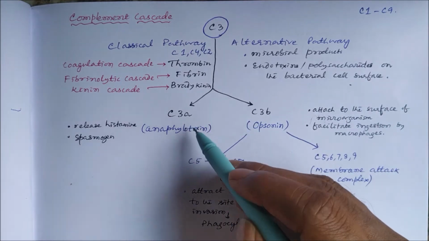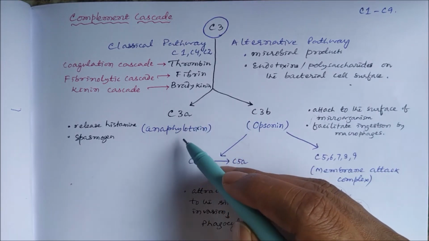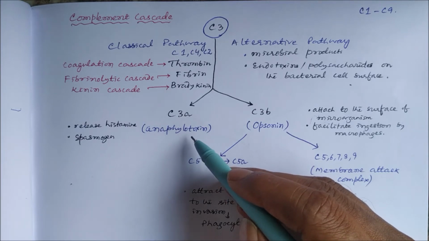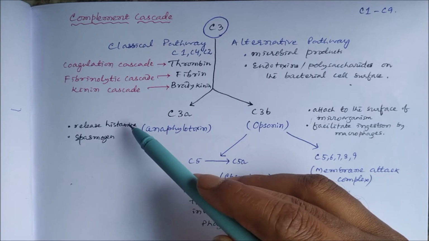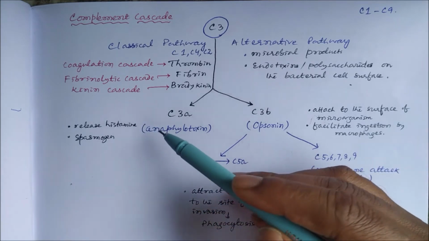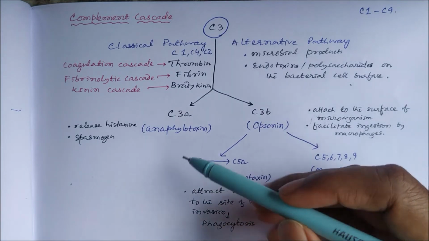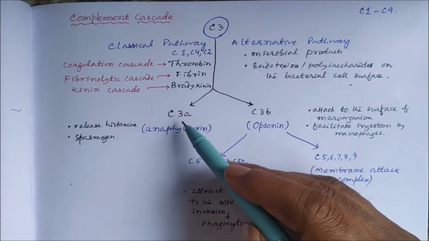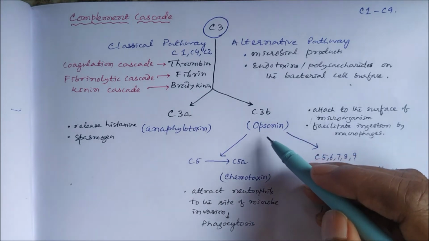And C3a acts as an anaphylatoxin. It releases histamine, it is a spasmogen, and by releasing histamine it increases the vascular permeability. So C3a is an anaphylatoxin. C3b is an opsonin.